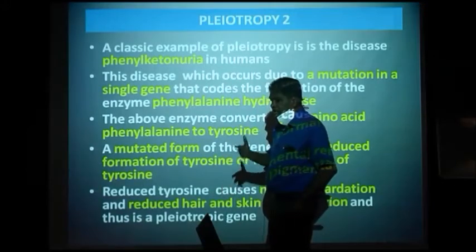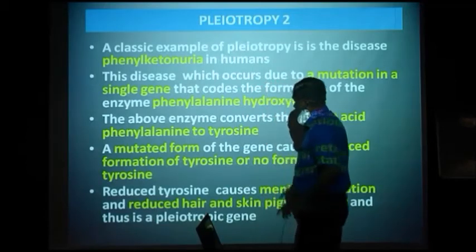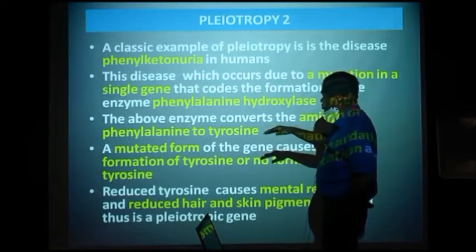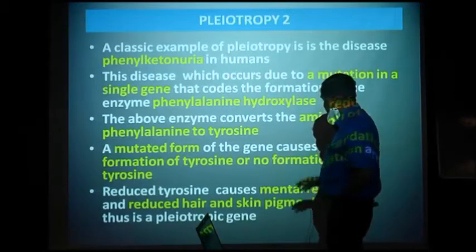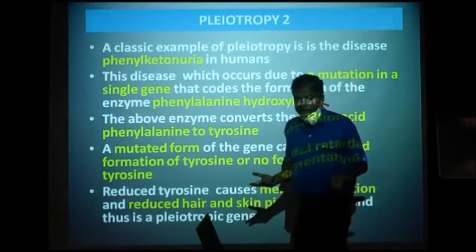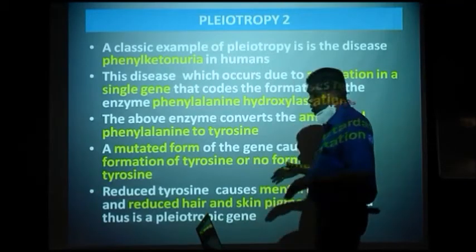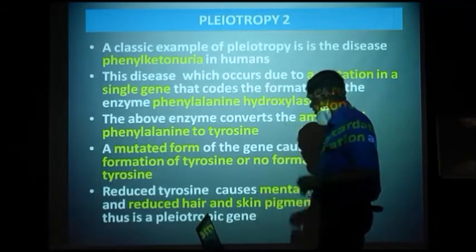That is why it is called phenylalanine hydroxylase, to form tyrosine. Now, when this particular gene is mutated, the mutated form is not able to form tyrosine from phenylalanine, or even if it is formed, the quantity is very less.